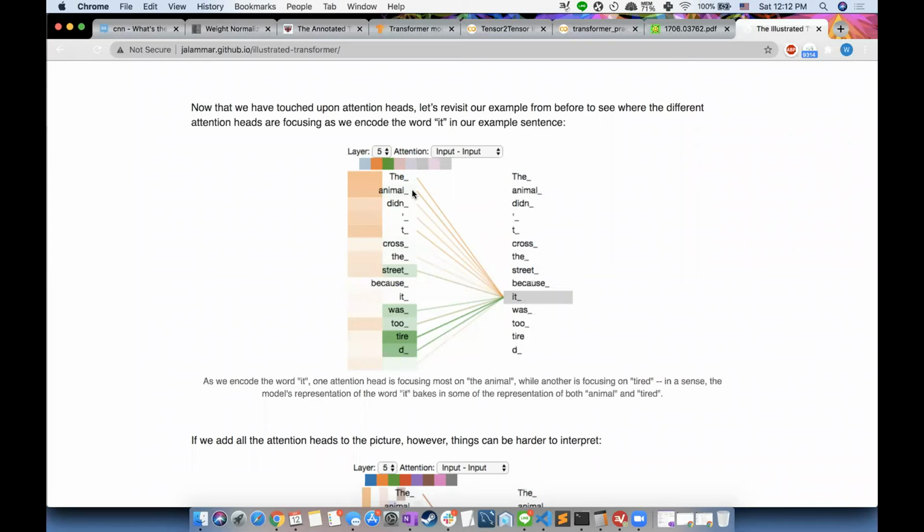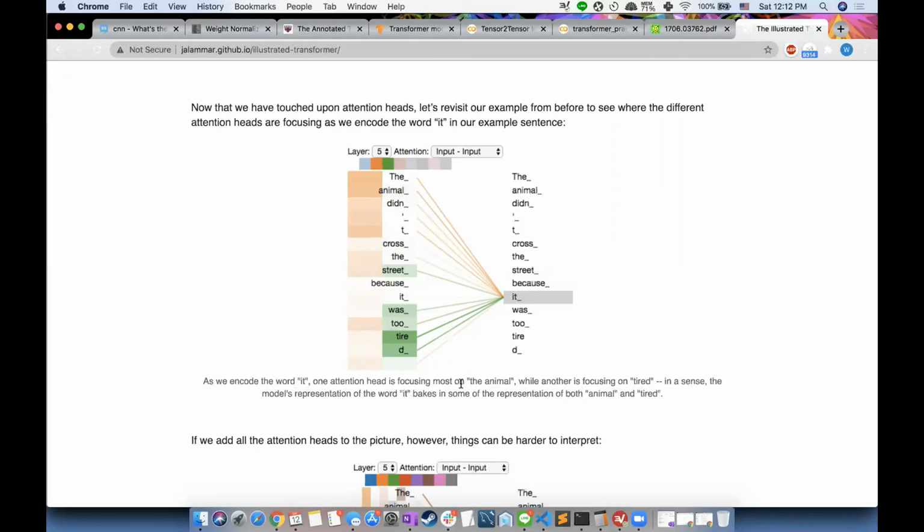The way this is tokenized, it's subword tokenization, so it's actually not just word tokenization. We'll see that in a little bit in the implementation code. While another is focusing on tired, right here. In a sense, the model's representation of the word "it" bakes in some of the representation of both animal and tired.